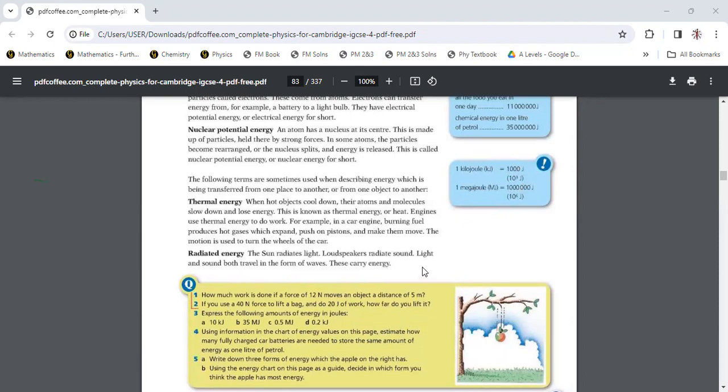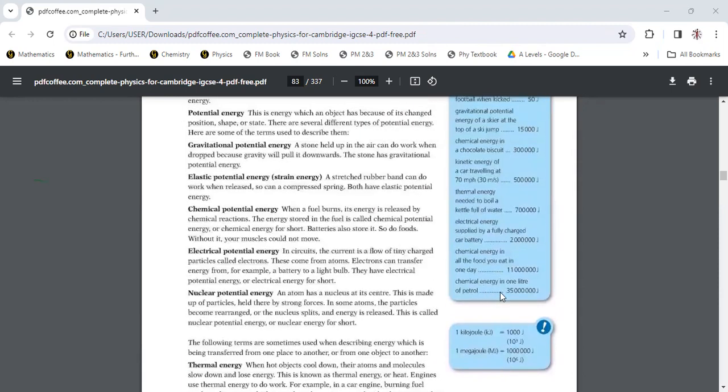How many fully charged car batteries are needed to store an amount of energy equal to 1 liter of petrol? I'm just going to underline. How many of these fully charged batteries do I need so that it is equivalent to 1 liter of petrol? 35 million joules divided by 2 million joules.